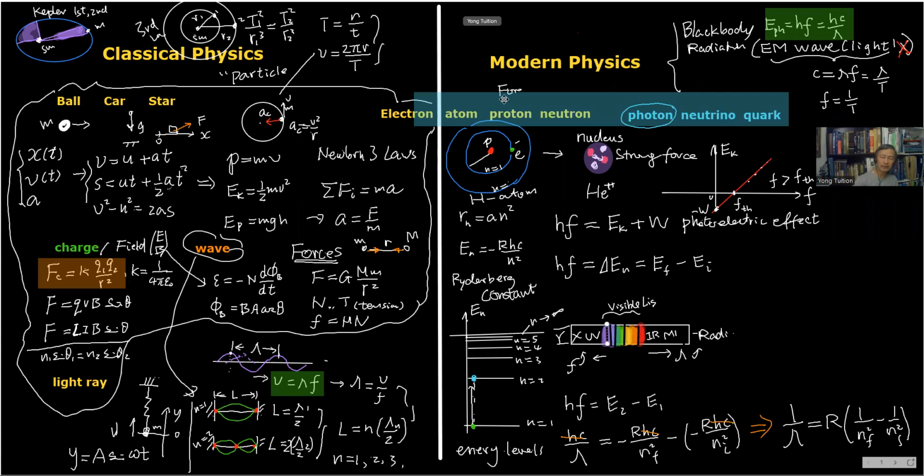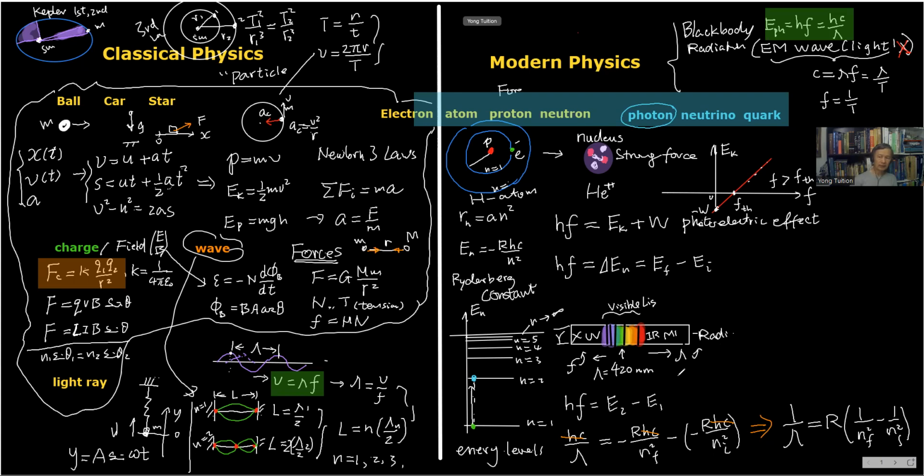They will tell you, for example, that if this is lambda, the number, say 420 nanometers, then what can you do with this wave number? You can use this formula to find the energy interval.